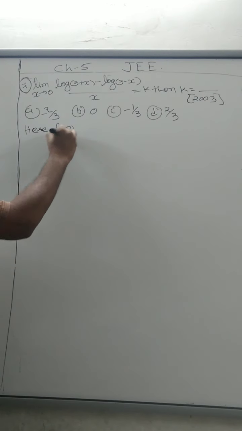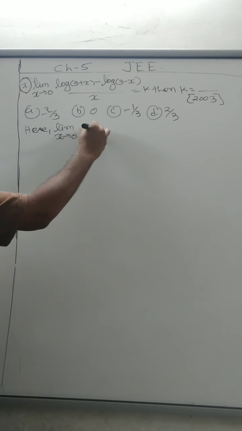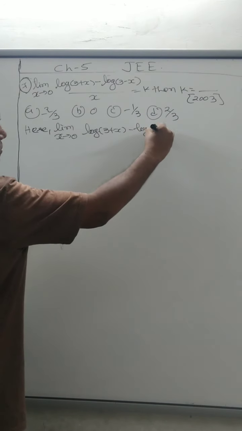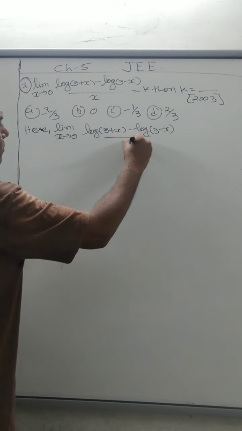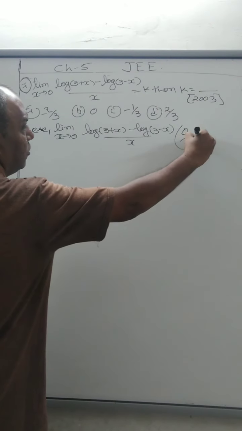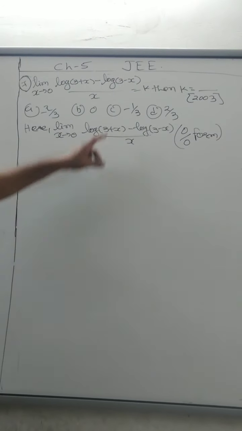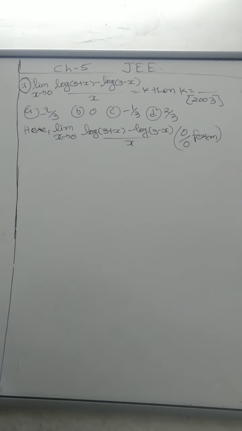limit x tends to 0, log 3 plus x minus log 3 minus x upon x, which is 0 by 0 form. Because when you put x equal to 0, then numerator and denominator both are 0. So here we apply the L'Hospital rule.